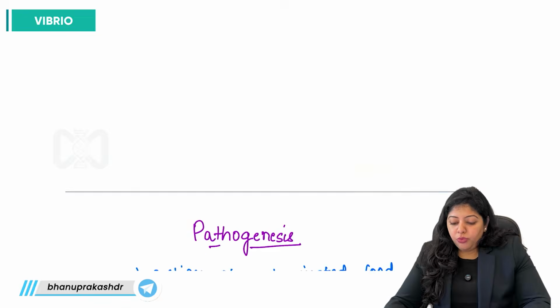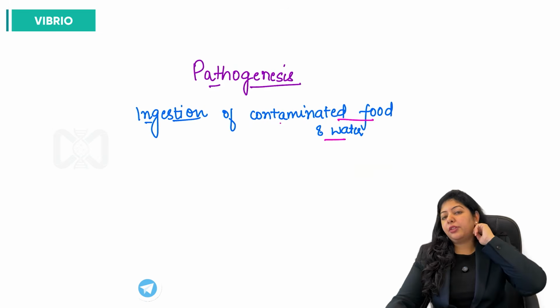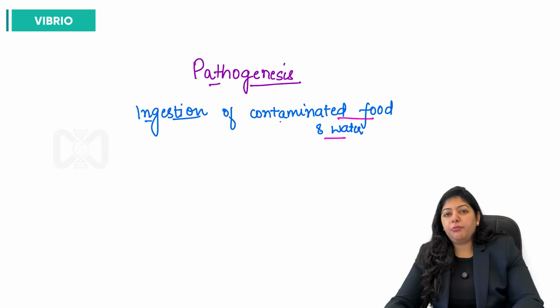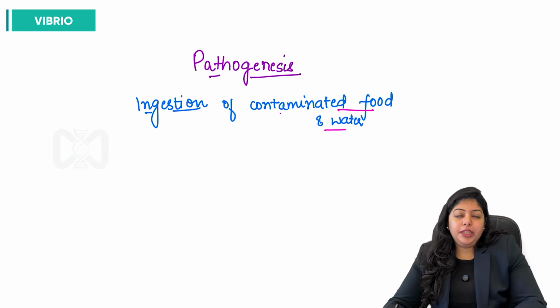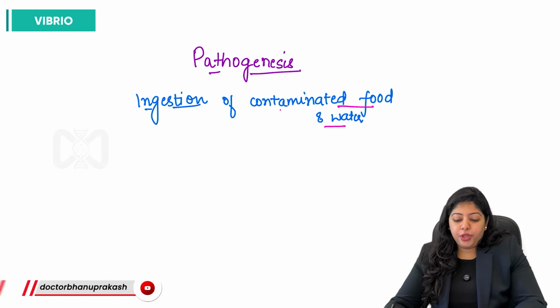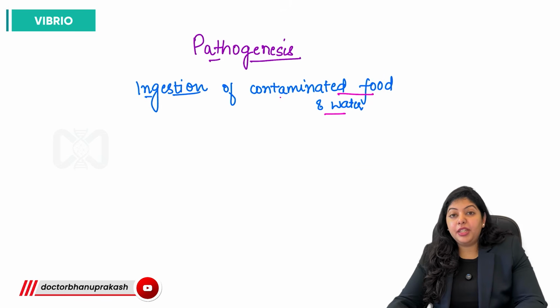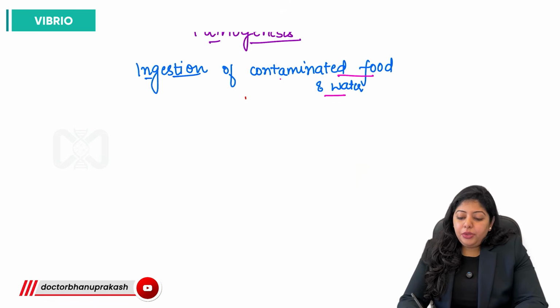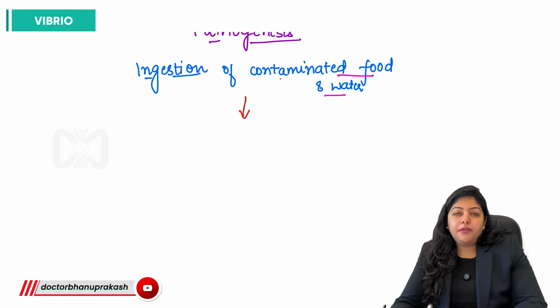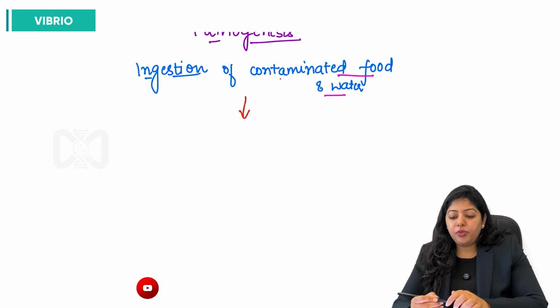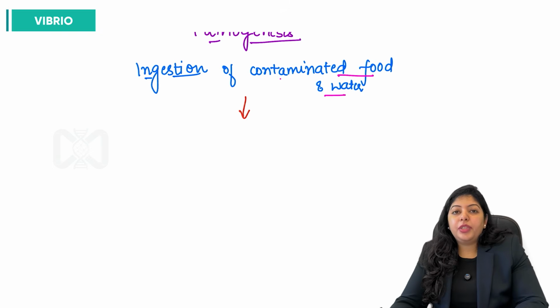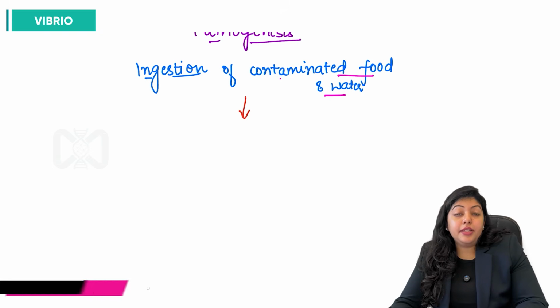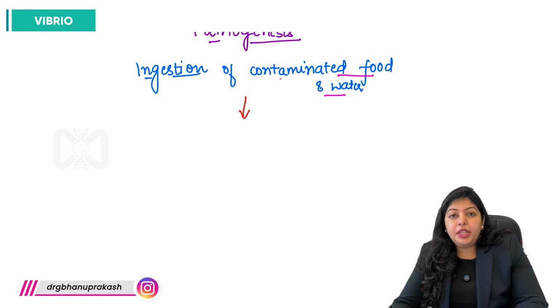So now moving further towards the pathogenesis of Vibrio. Naturally the pathogenesis is going to be by ingestion of contaminated food and water, right? So we know that Vibrio is highly acid labile. So in order to bypass the acidity of the stomach, it needs to have a higher bacterial load.